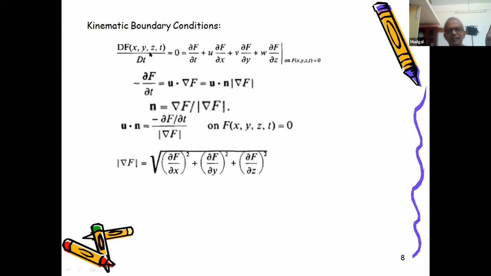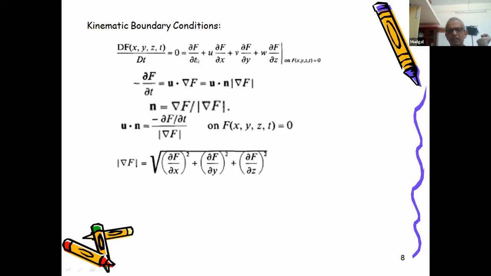So in that case, you can use the chain rule: del f by del t into dt by dt, which is 1, then del f by del x into dx by dt, which is u, then del f by del y into dy by dt, which is v, and del f by del z into dz by dt, which is w.